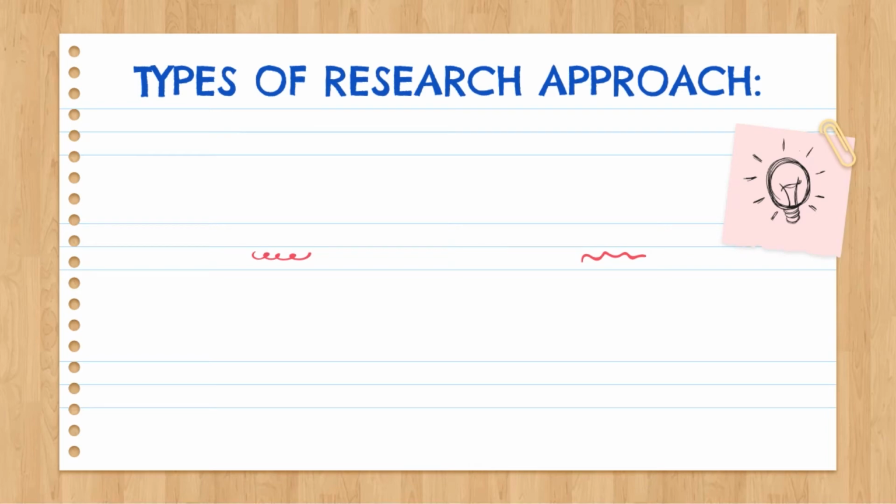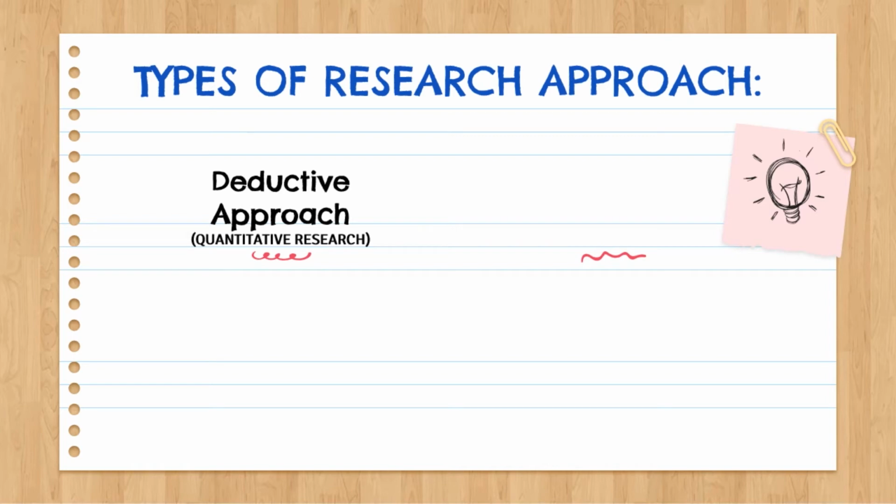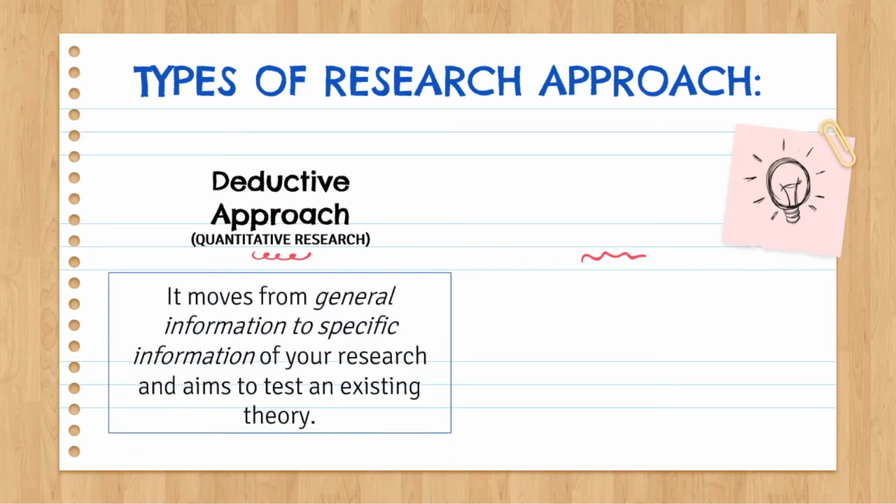There are two common types of approach. First is the deductive approach, which is specifically used in quantitative research. It moves from general information to specific information of your research and aims to test on existing theory. And the other one is inductive approach, which is specifically used in qualitative research.